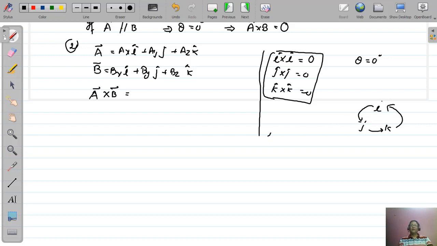That means if I take i cross j, we move anti-clockwise and it will give k. Similarly, j cross k will give i. And for k cross i, we are again moving in anti-clockwise direction, so it will give j.